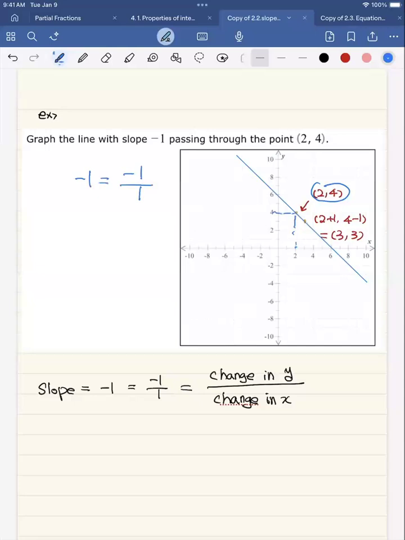That is changing y, -1, and changing x, 1. So we have 2 and 4, and change in x is 1. So we have to add 1 here.